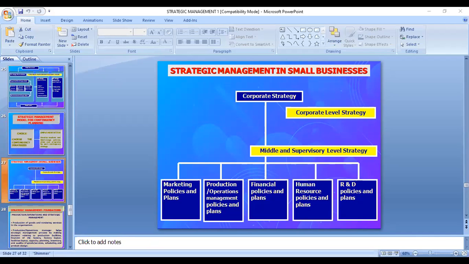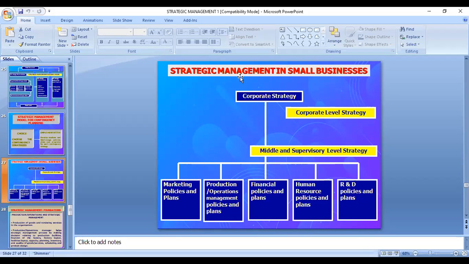Corporate level strategies will be given by the head, and for middle and supervisor level strategies, we design marketing policies and plans, production operation management policies and plans, financial policies and plans, human resource policies and plans, and R&D policies and plans.